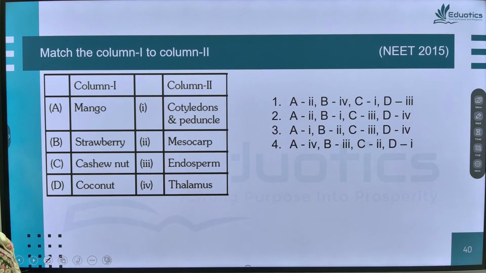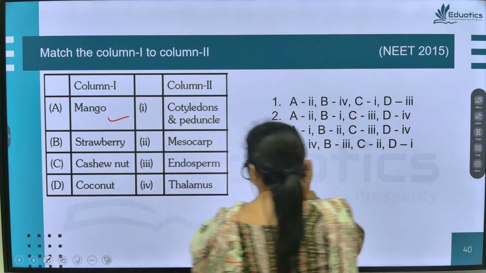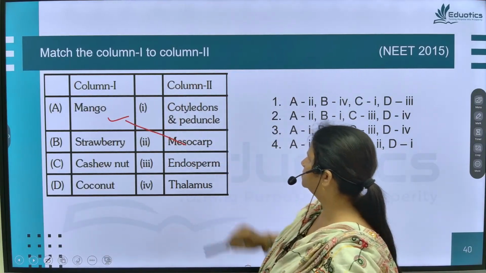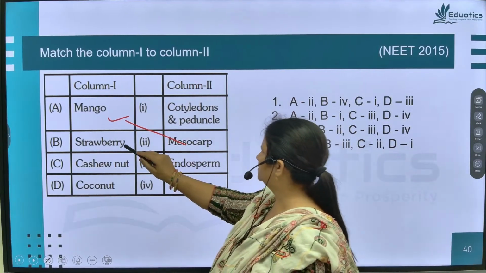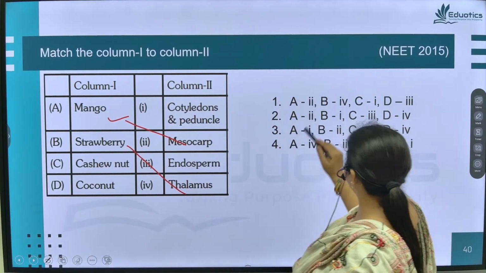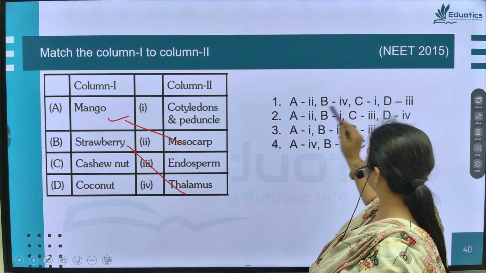Match the column, edible parts. Don't worry. Mango: in the mango we eat the fleshy mesocarp. In the strawberry it is the thalamus. So for A it is second, for B it is fourth.